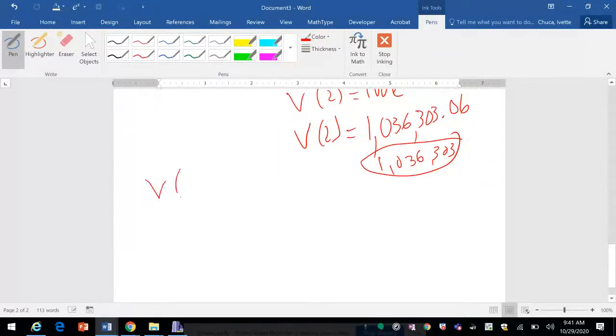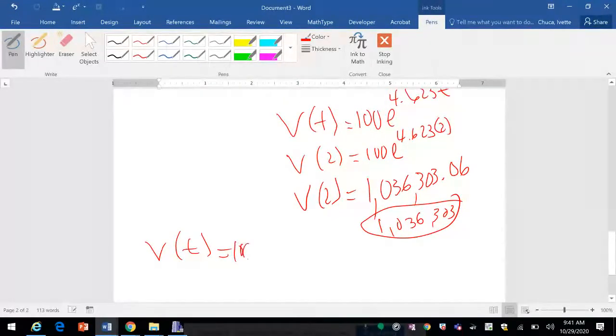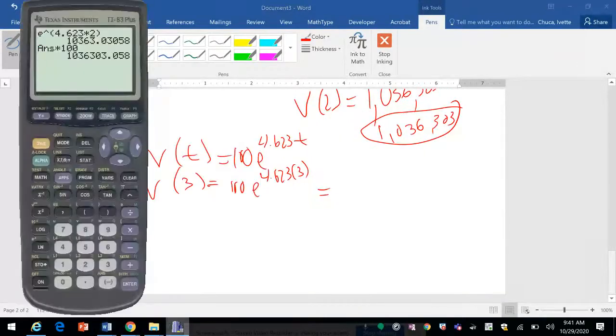And then the last one is 100e times t. So we would substitute 3. So we plug it in. So we have 4.623 times 3, times 100.